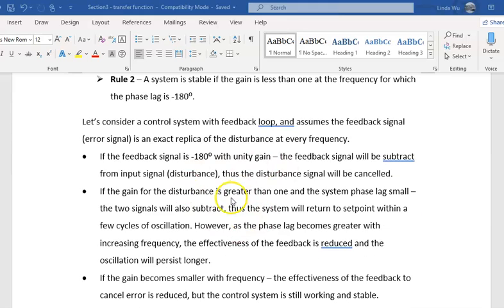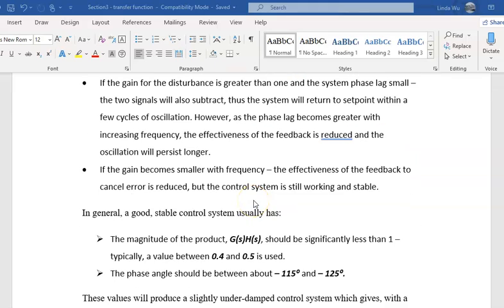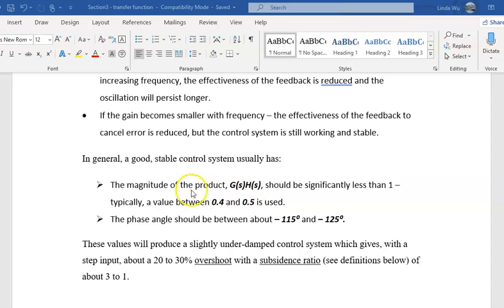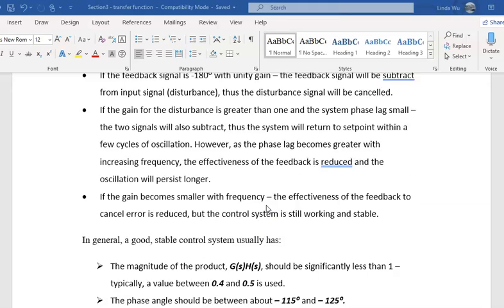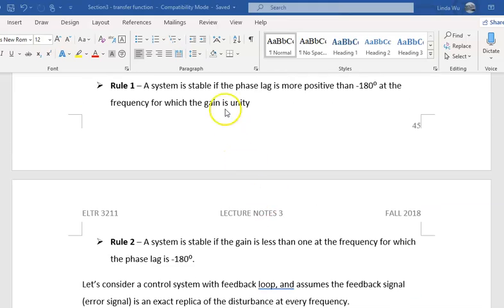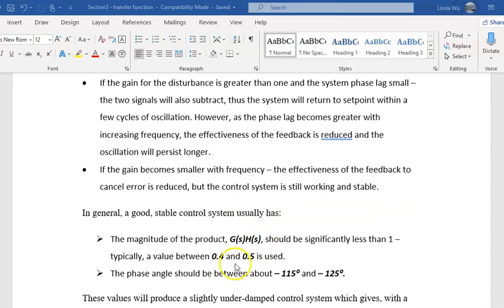So this is basically to explain these 2 rules. In general, a good stable control system usually has, under these 2 rules, a gain of 0.4 to 0.5.